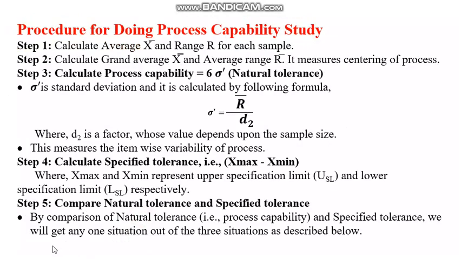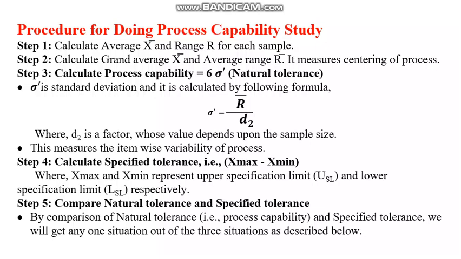Next, let us see the procedure for doing process capability study. First calculate the average X bar and range R for each sample. Calculate the grand average, that means X double bar, and the average range, that is R bar. It measures the centering of process. Now the third step is calculate the process capability.